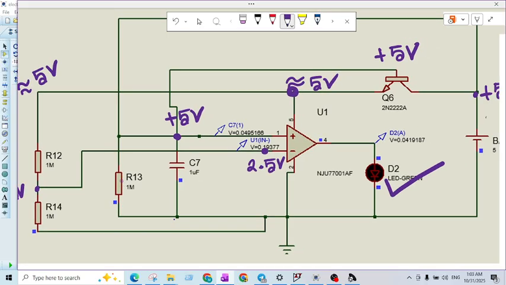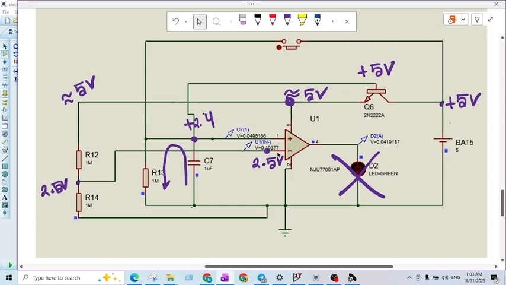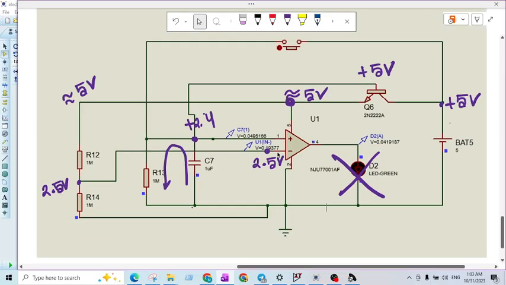So this capacitor will gradually discharge in this path, and after some time this point's voltage will be 4, then 3, then 2.5 and then 2.4, and you see now this point's voltage is less than this point's voltage. That means now this LED will turn off. Okay, so in this way this circuit works.